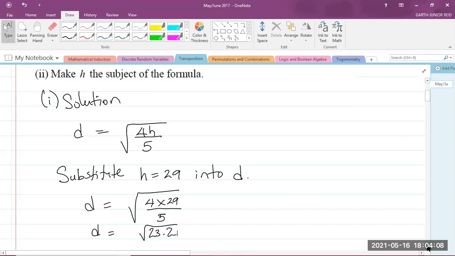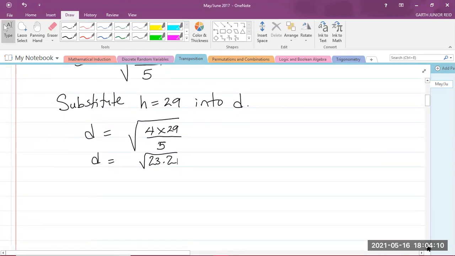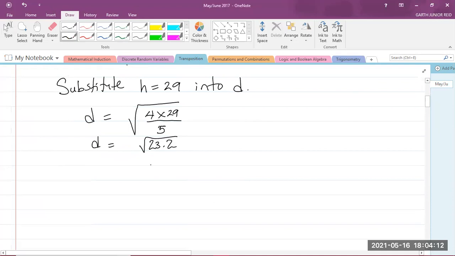So we have the square root of 23.2, and if you put in a calculator the square root of that value, you should get D as 4.816637832. That is the value of D.